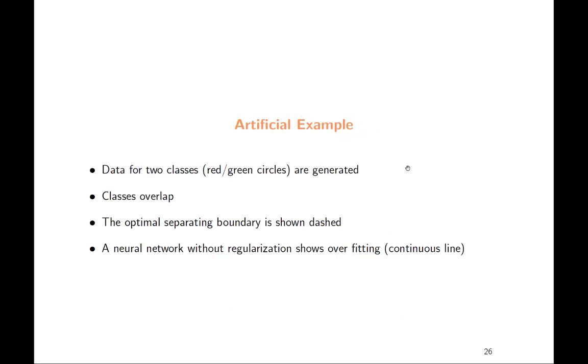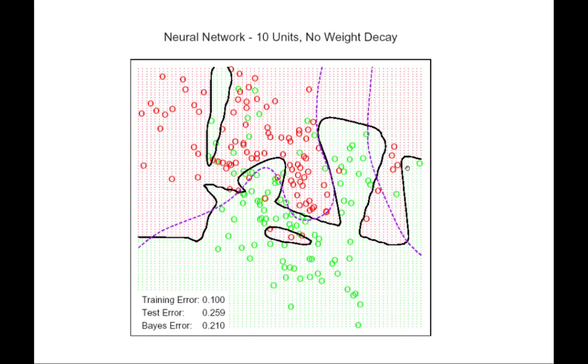So here's an artificial example. It's data for two classes, red and green circles, which are generated. The classes overlap. The optimal separating boundary is shown dashed, and a neural network without regularization shows overfitting, which is the continuous line. So we have two classes, green and red.